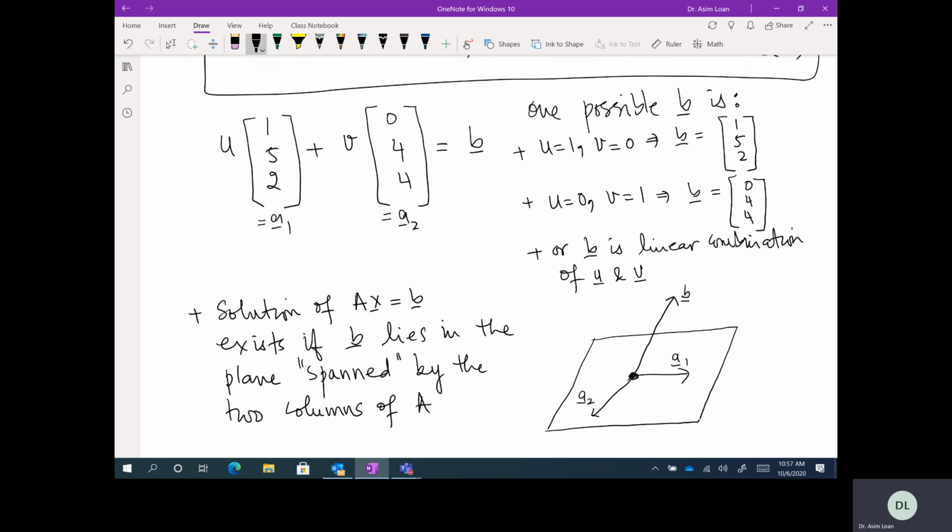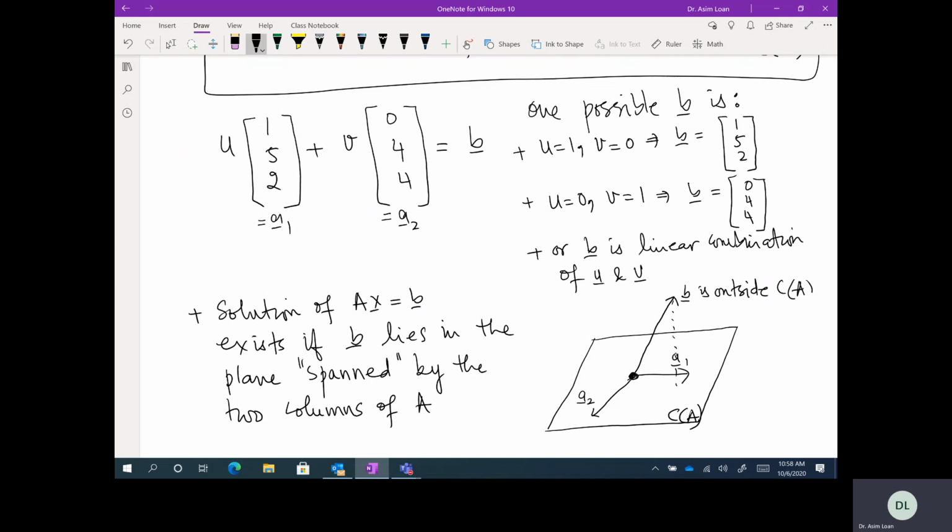Obviously, B is outside the column space of A. This is the column space of A. So assume B is sticking out of this paper. If B is sticking out of the paper, obviously B is not in the column space. We will not have a solution. But in chapter 3, we'll see that we can always project.